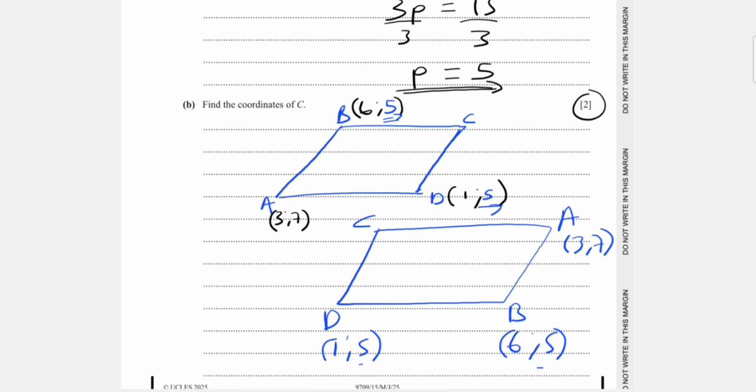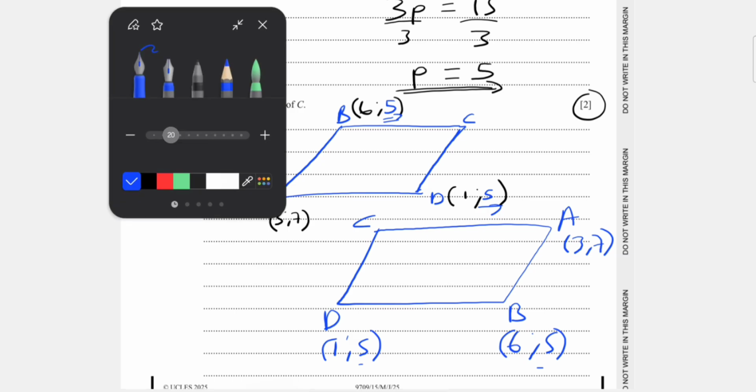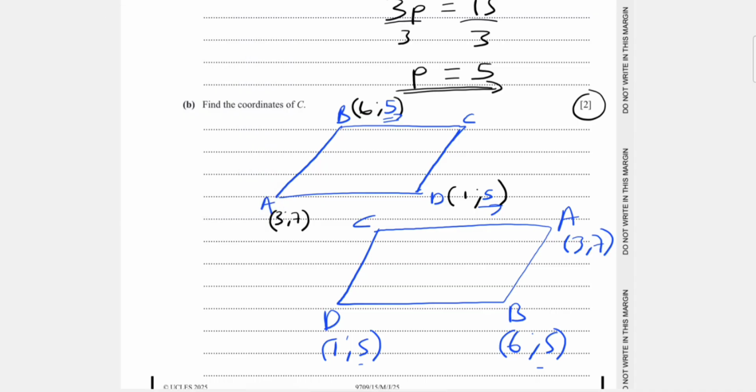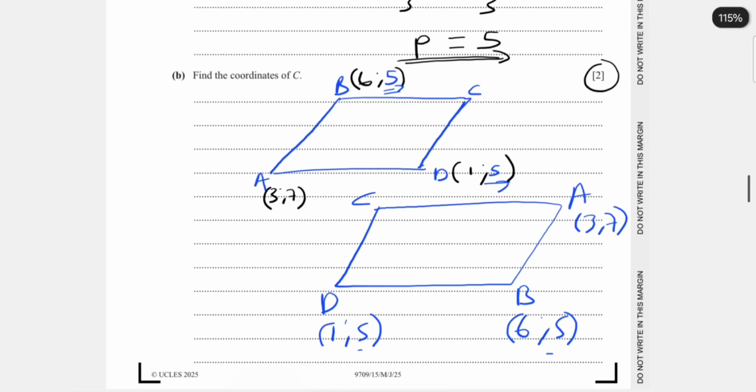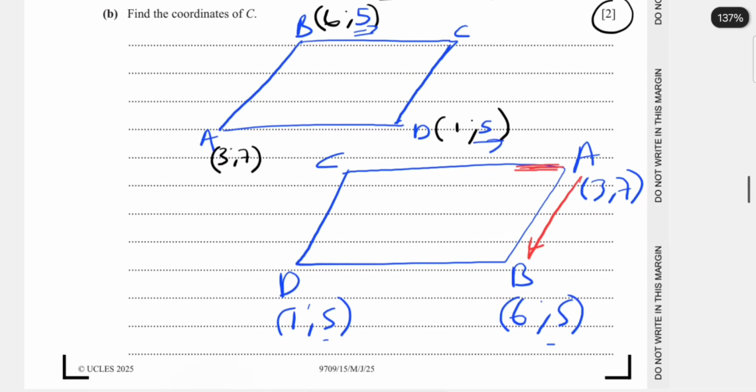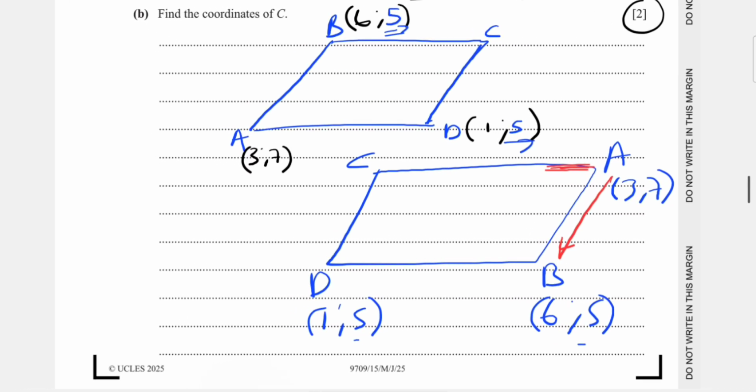So to find C, from A going to B, we can see that we move 3 units in the x-axis to get to 6.